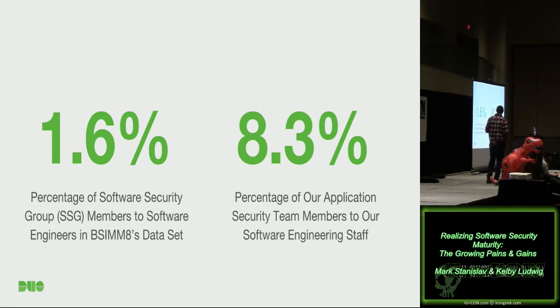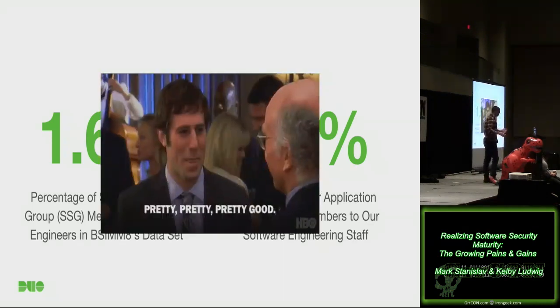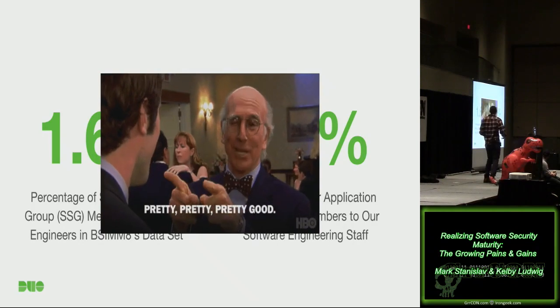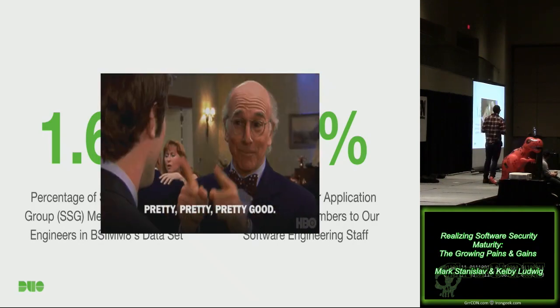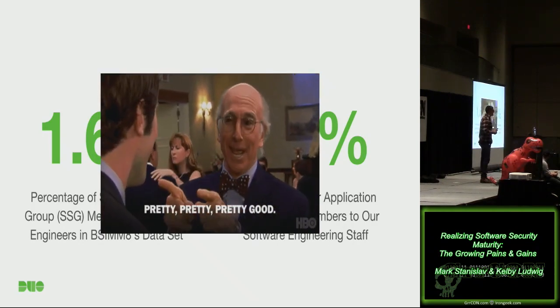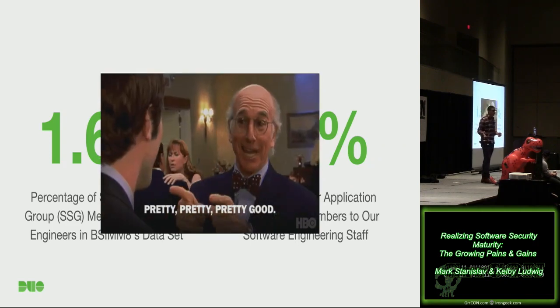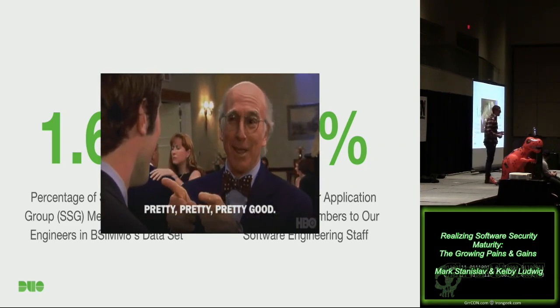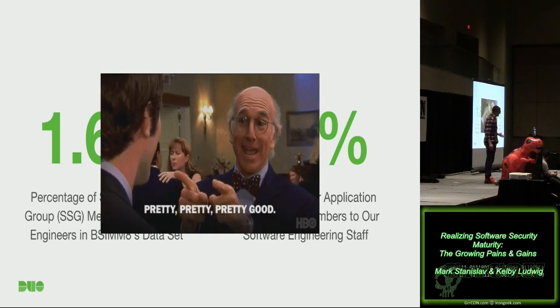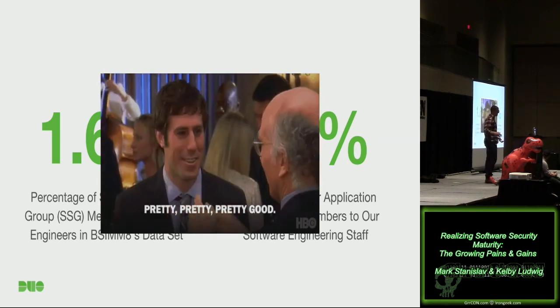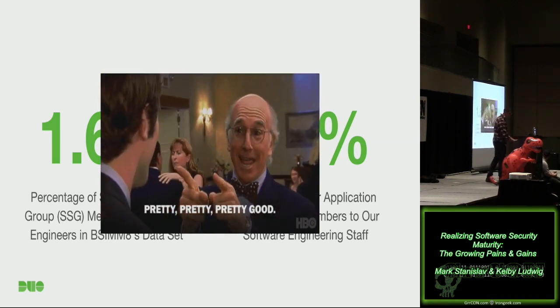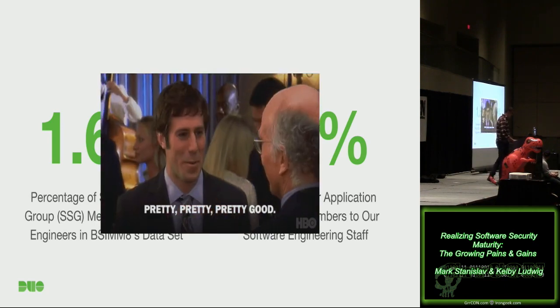In contrast, at Duo, we have about 8.3 security-focused, or just application security engineers per 100 engineers. So the big takeaway is we're happy with this number. We think it's good. It makes us proud. But over time, especially coming into early next year, we're looking to increase this number. And it's also worth mentioning that we are hiring across several security teams. So if you want to contribute to this ratio increase, you should definitely reach out.